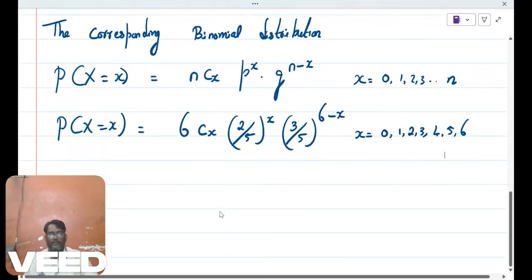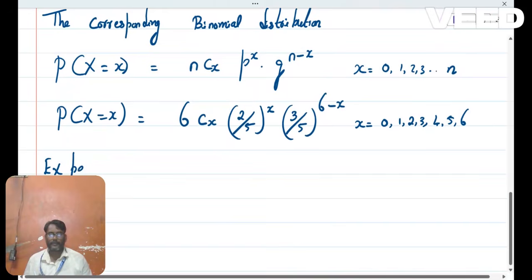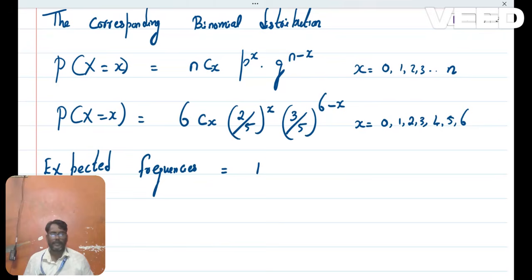Next, we need to find their expected frequencies, which is equal to n into P of X equal to x.